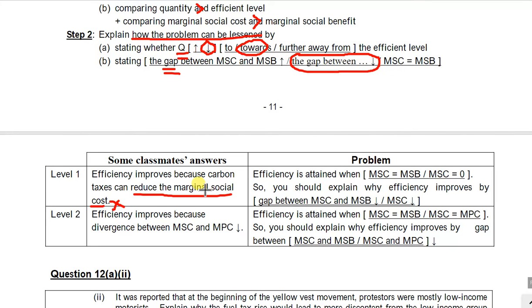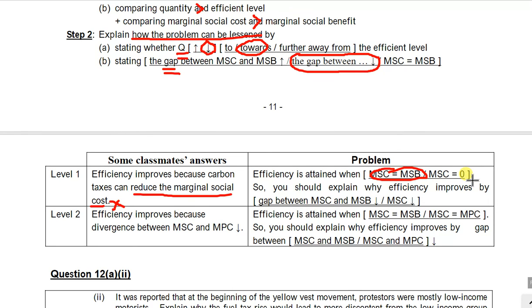We are not going to minimize the marginal social cost because to attain efficiency, we don't need zero for the marginal social cost. We just want marginal social cost to equal marginal social benefit. If marginal social cost is zero, what does it mean? It means that we produce nothing.